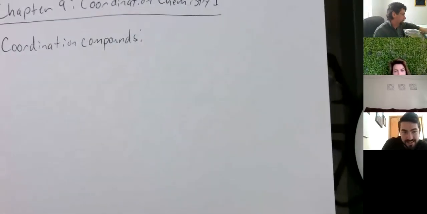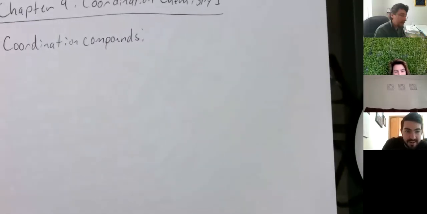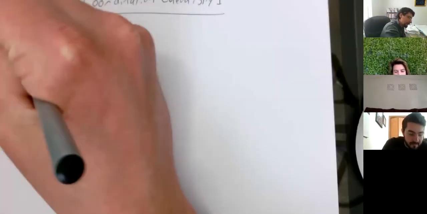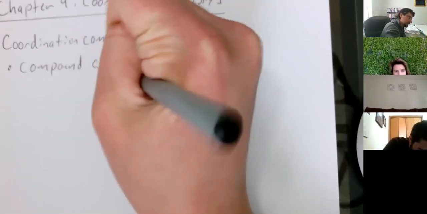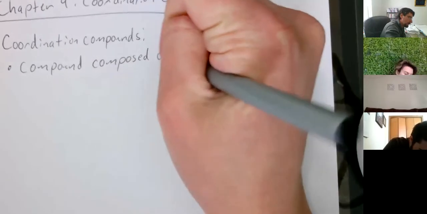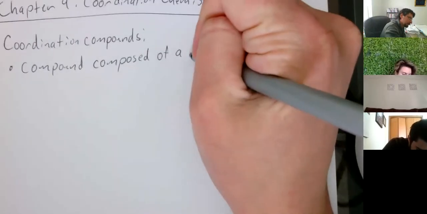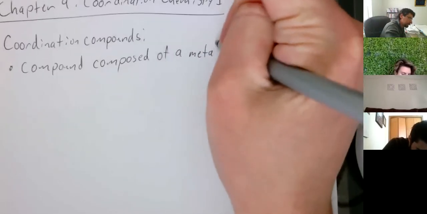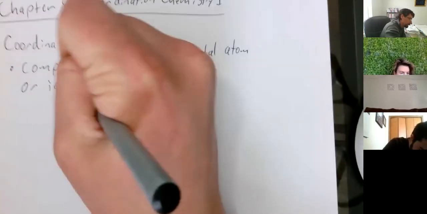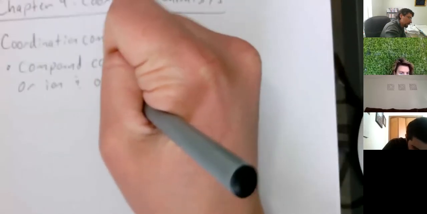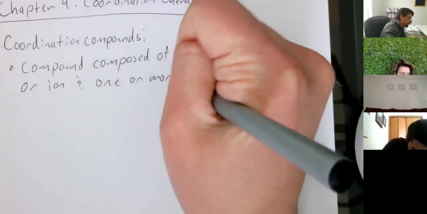I wouldn't know how to define this though. Yep, no, that's exactly it. So what it is, it's a compound composed of a metal atom or ion, and one or more ligands.